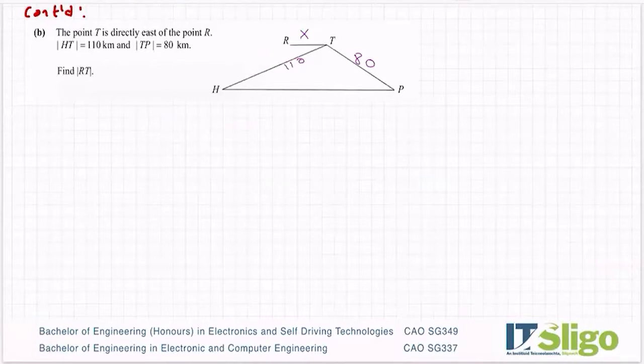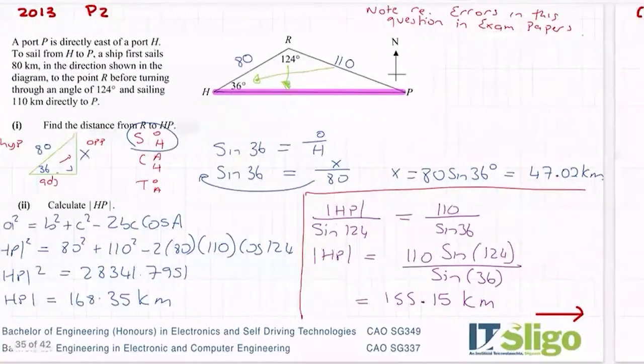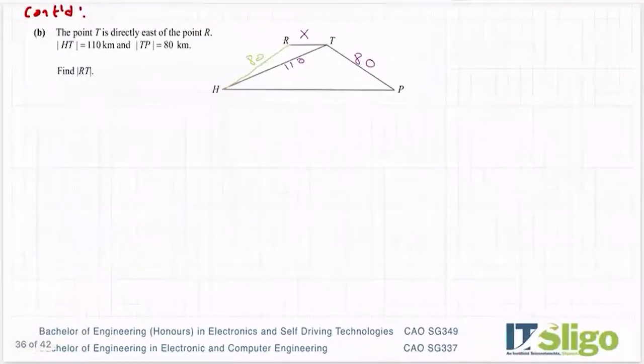One would have to assume that I can do that and call him 80. It's the same question. It's HR, and it implies that it leads on from the last question. This is what really threw people, because where is this line gone now, and so on and so forth. So the question says find RT.